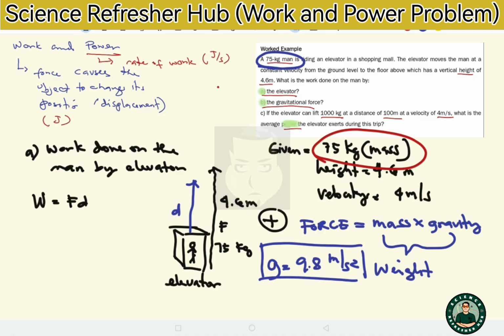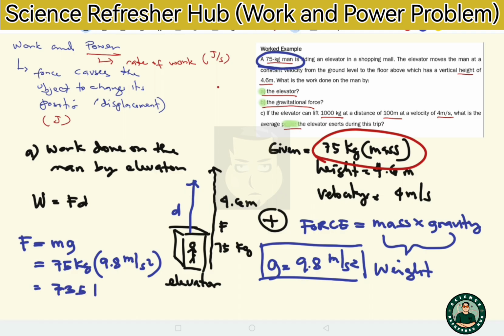All right. So how to do it? Let's get the force. Force is equal to mass times gravity. So the mass of the man inside the elevator, that's very clear in our system. So that's 75 kilogram multiplied by the value of gravity, 9.8 meter per second squared on Earth. So our force in this case, 75 times 9.8, it's gonna be 735.